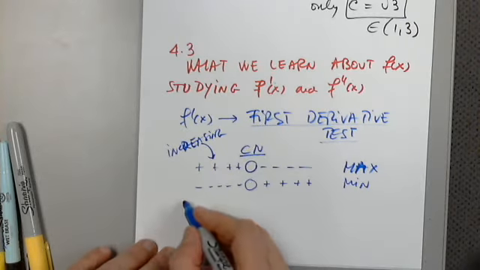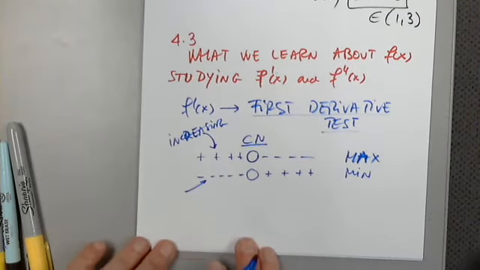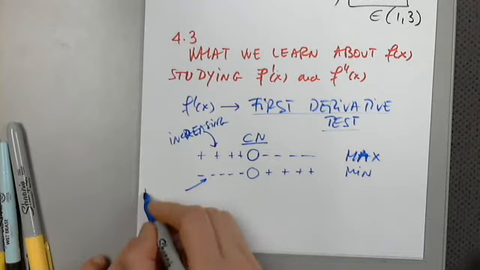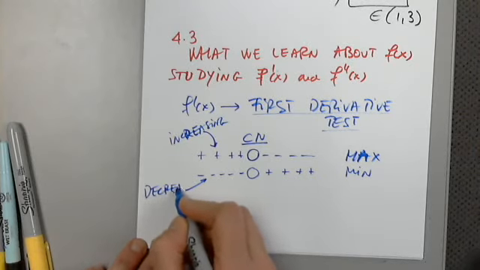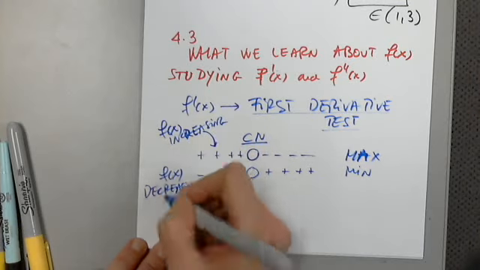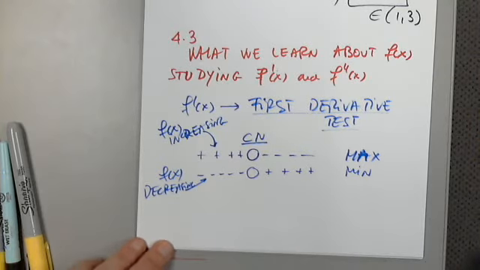When the first derivative is negative, what does the function do? Decrease. So f of x is decreasing and f of x is increasing.